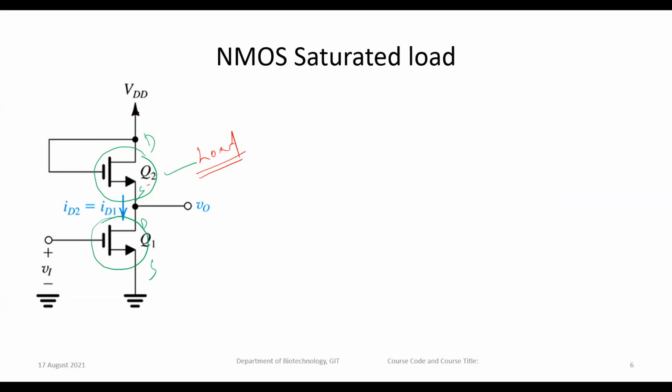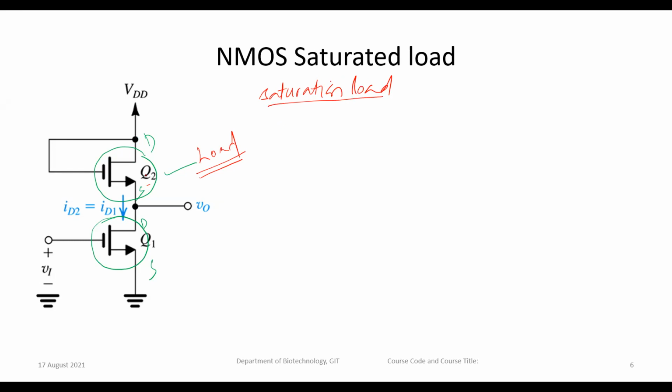VDD is connected to both the drain and the gate of the Q2 transistor. So this is called the NMOS saturation load. By making the connection like this, the Q2 transistor is always in saturation.